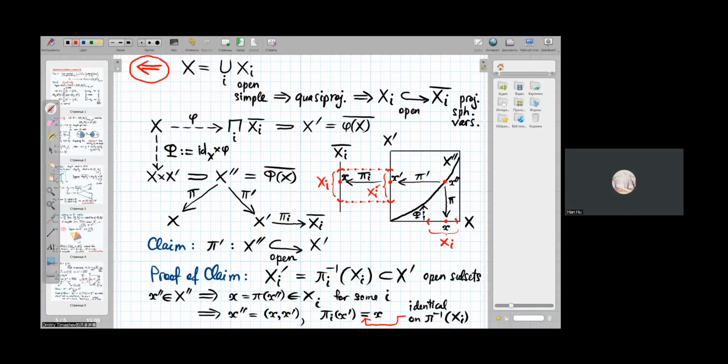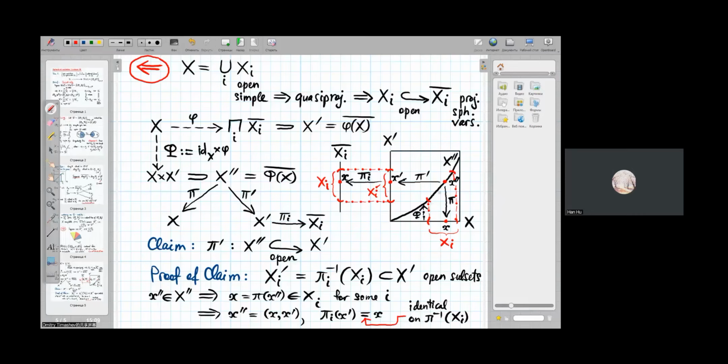And if I take the inverse image of xi under the map pi, the inverse image in x double prime, this is this open set from here to here.